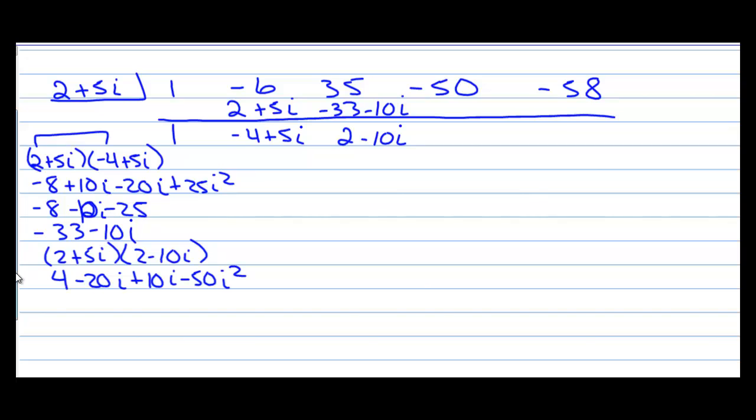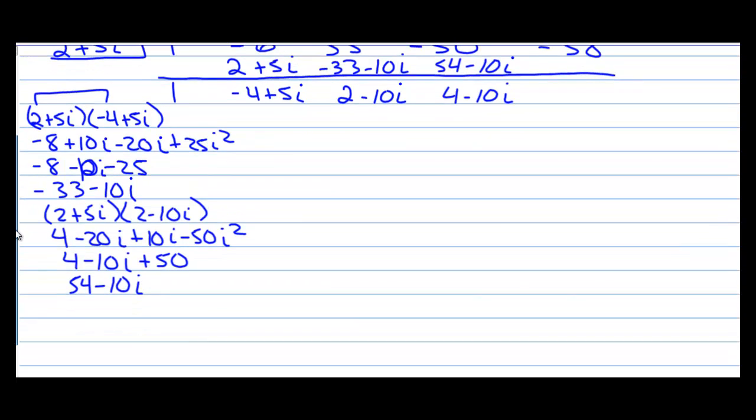And of course, we're foiling this. We have 4 minus 10i, and then plus 50. We have 54 minus 10i. So 54 minus 10i, and then we add, and that gives us 4 minus 10i.